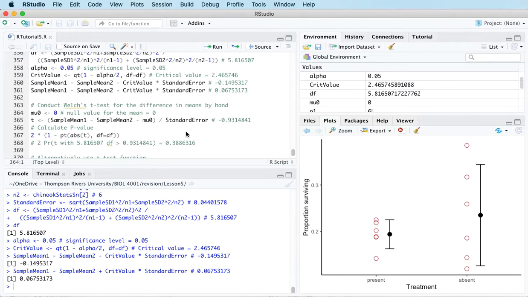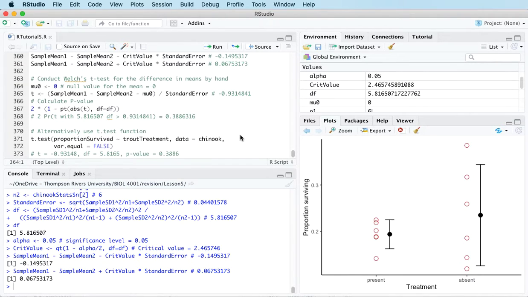What about a hypothesis test? So, given the conclusions I just was able to draw from the confidence interval, if we do a hypothesis test now, what do you think the outcome is going to be? Are we going to end up rejecting the null hypothesis that the population means are the same in favor of the alternative that they're different? Or are we going to end up not being able to reject that null hypothesis that the population means are the same?